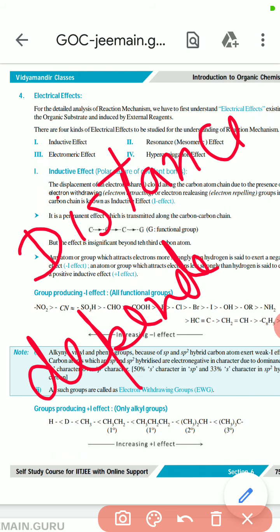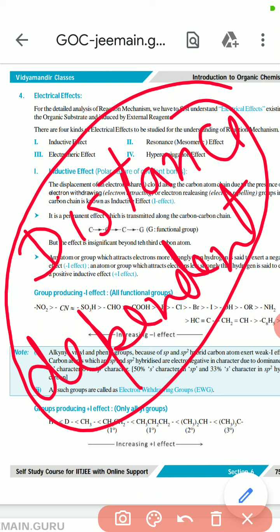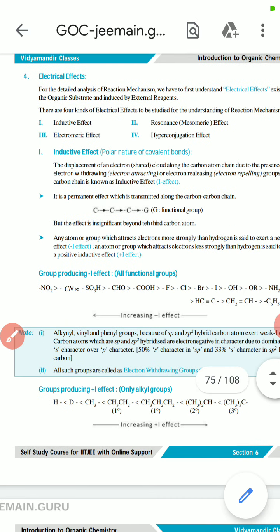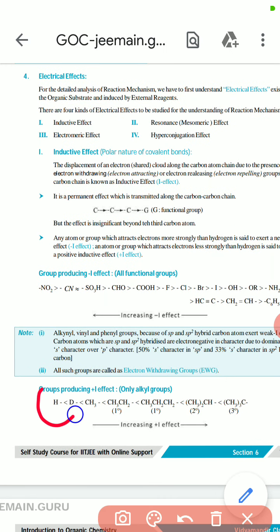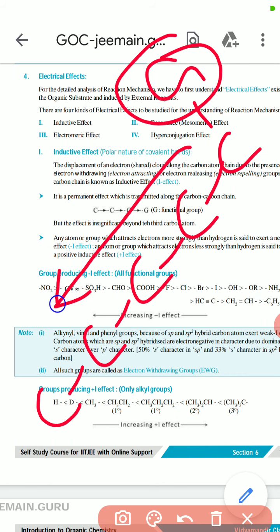Now what does distance dependent effect mean? Actually, if the number of carbons is increased in a carbon chain, then the plus I effect or minus I effect, any inductive effect, becomes weaker. The magnitude of the inductive effect becomes weaker.